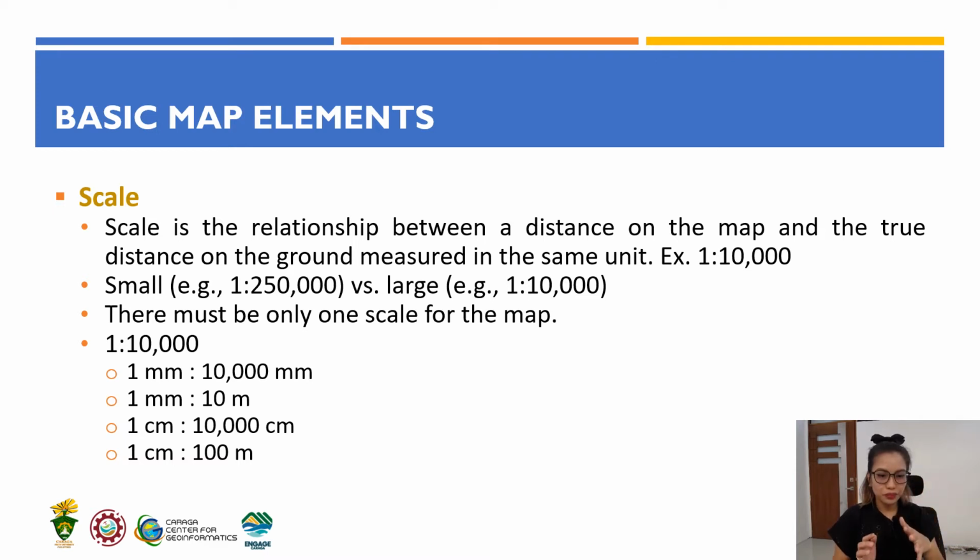So in one map, you cannot mix ang scaling niya because dili siya ma-proportionate ang mga elements within that map that you are trying to represent or you're trying to present. No? So like for example, 1 mm is to 10,000 millimeter, or for example, 1 centimeter is to 100 meters. So something ingana. As long as consistent siya sa tanan data nimo sa isa ka map. But if you're going to make another map, then pwede po ka maglahi og scaling dito.